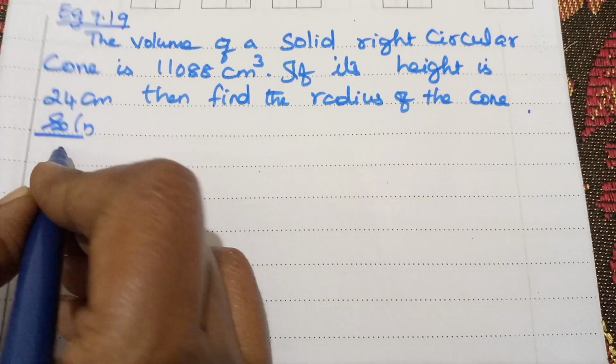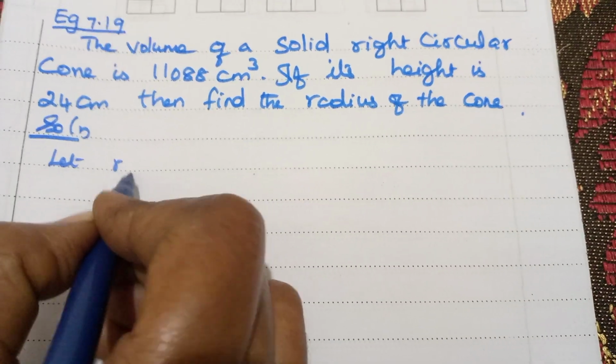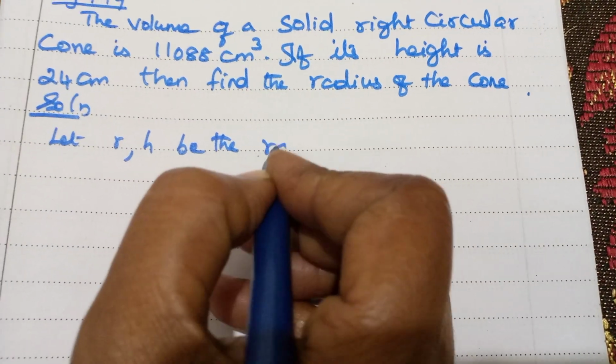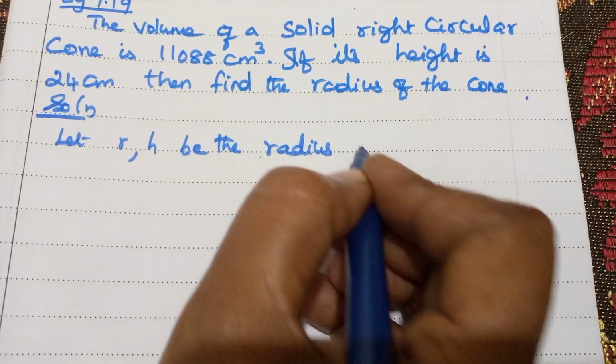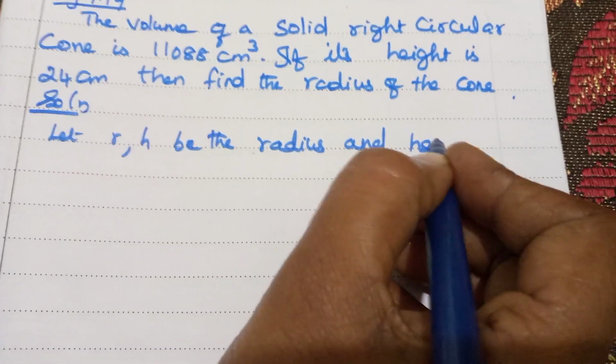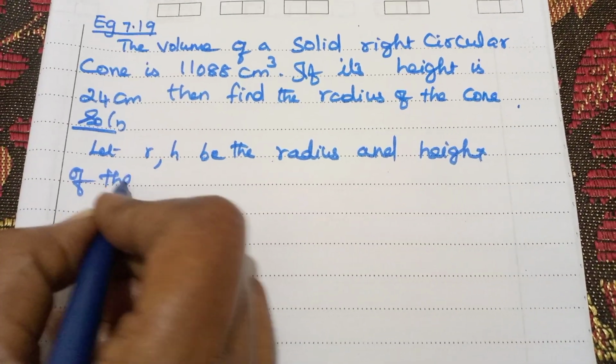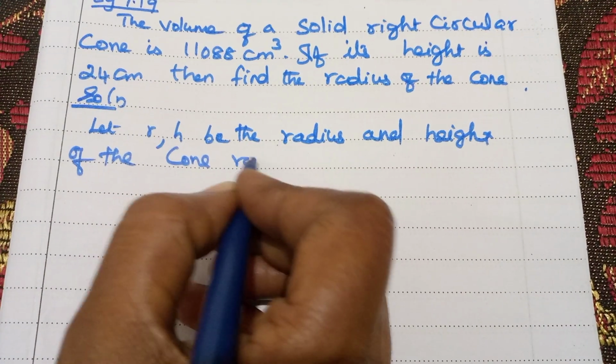Okay, let r and h be the radius and height of the cone respectively.